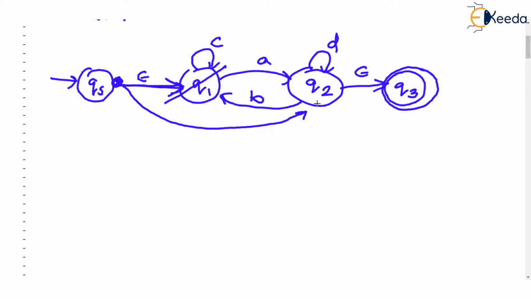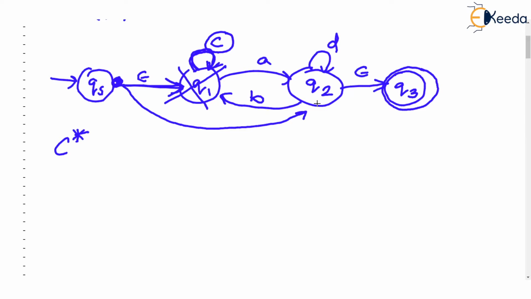Now if you are deleting Q1, what is the regular expression coming in the way? Note that you are going to sacrifice this loop because Q1 is going to get deleted, and this loop is nothing but a loop on C. This can be written as C star, which is nothing but 0 or more C's.